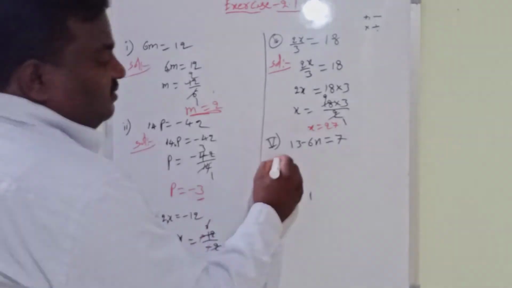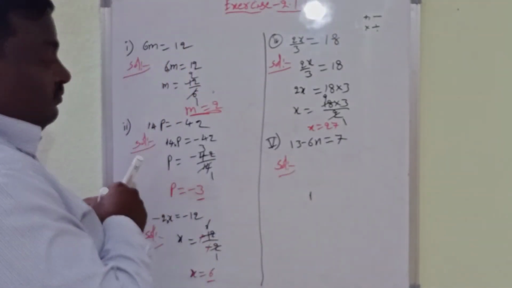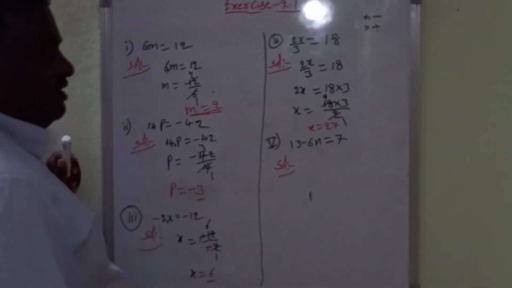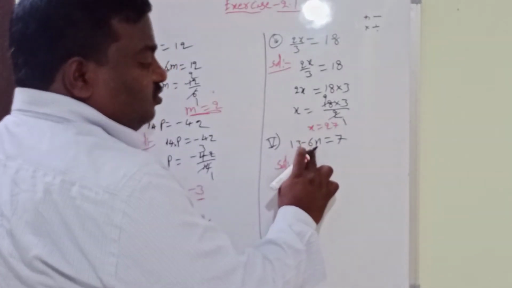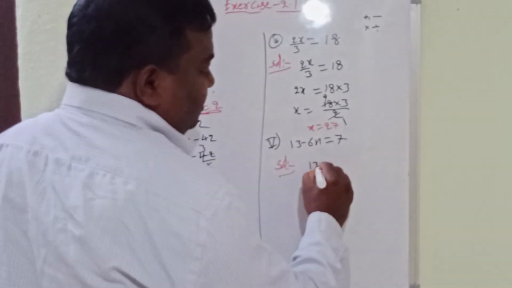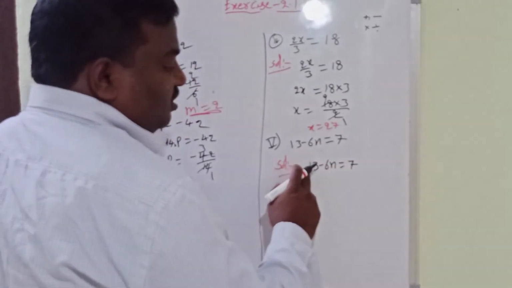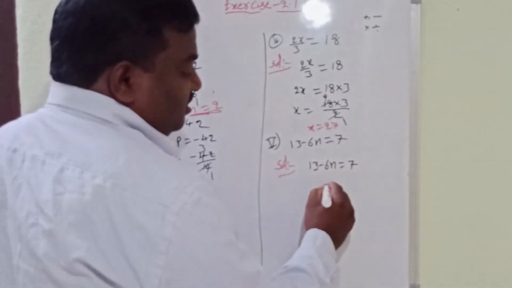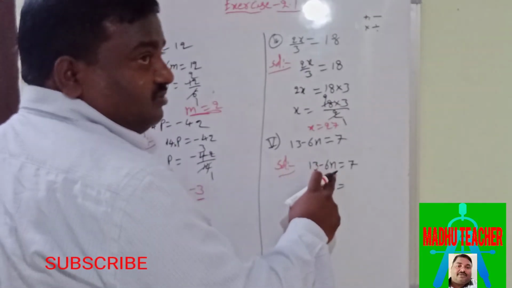Next, 13 minus 6n equal to 7. So here we have two constants. 13 minus 6n equal to 7. First we have to transpose plus or minus values. 13 minus 6n, so that is minus 6n. So it is subtraction of 6n.